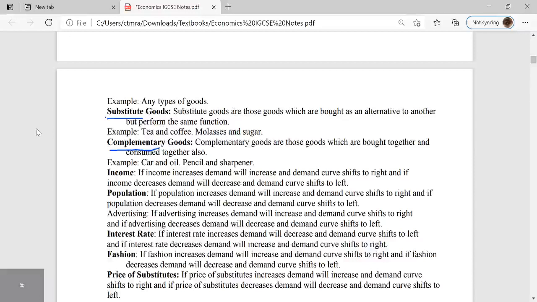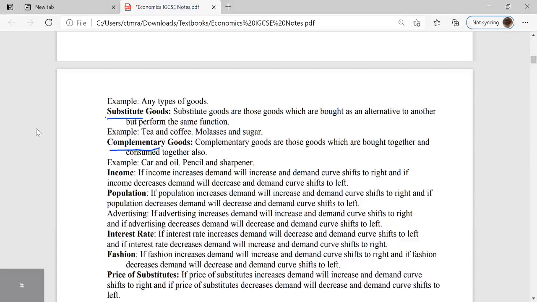As the relationship is complementary, it behaves like this. But for a substitute, it behaved differently. When the price of tea increased, demand for coffee increased.